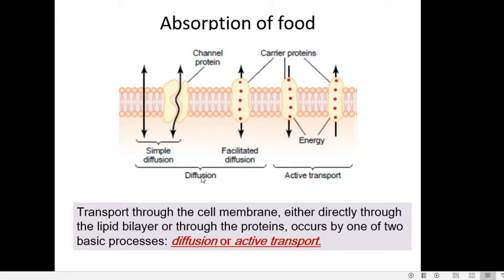It is by the kinetic energy that the molecules will travel from one place to the other. Whereas in active transport, apart from this kinetic motion of matter, an additional source of energy is required because the molecules are to be transported against the concentration gradient. So we can say diffusion is an energy independent process, whereas active transport is an energy dependent process.